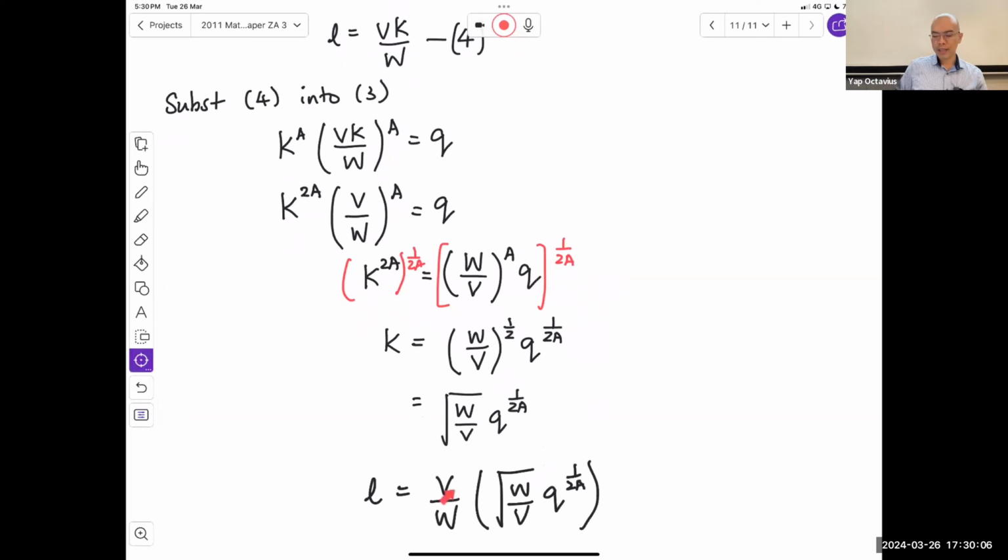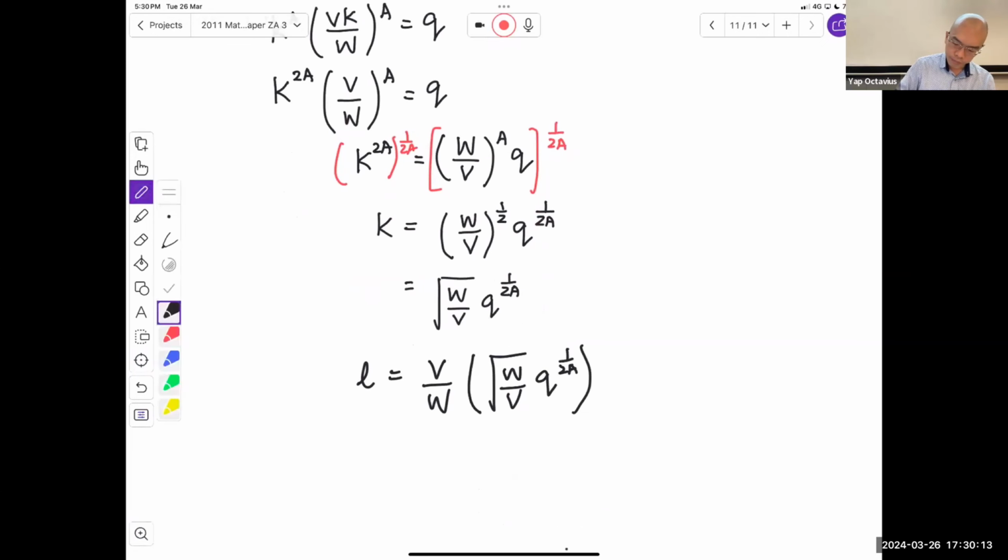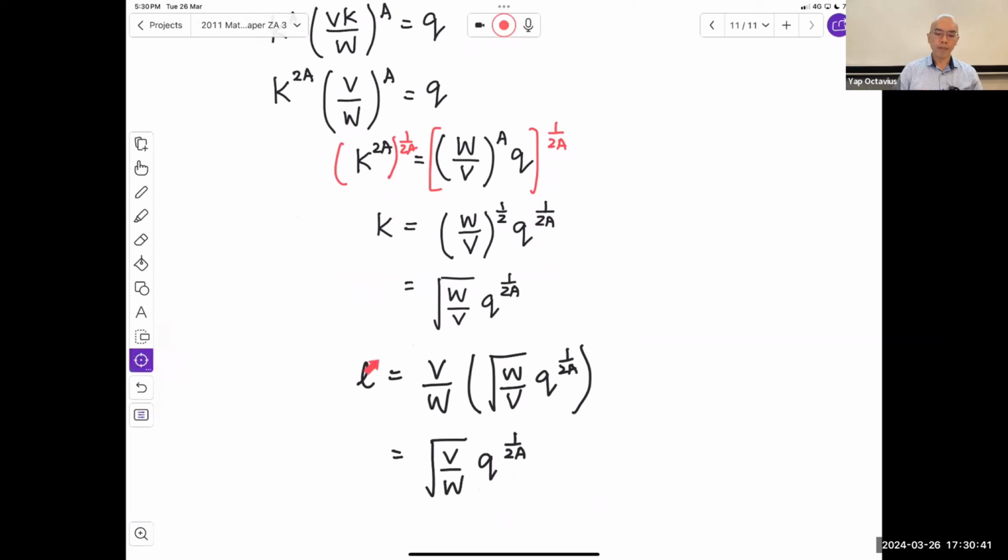Then nicely cancels off. This can cancel with this, can cancel with that. So your L will be V over W, Q to the 1 over 2A. Okay, so we got them already.